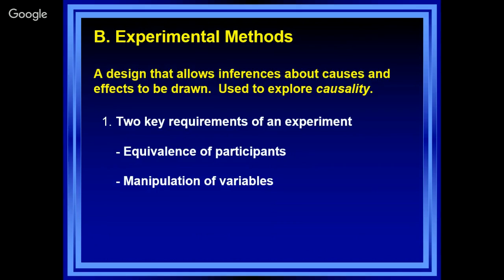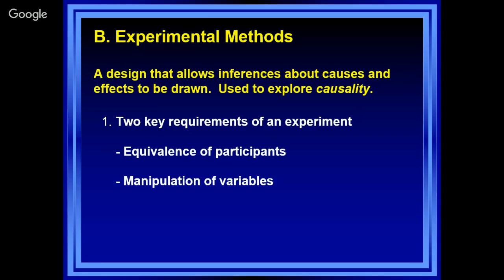The other key requirement of an experiment on your outline, manipulation of variables. The experimenter has to manipulate something. They're going to manipulate one of the variables. By the way, we call it the independent variable. So the experimenter manipulates the independent variable and then measures the effects of that manipulation on another variable, which we call, by the way, the dependent variable.